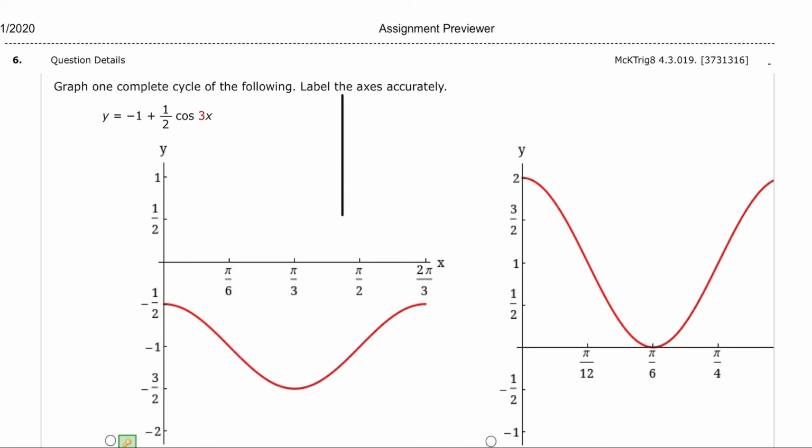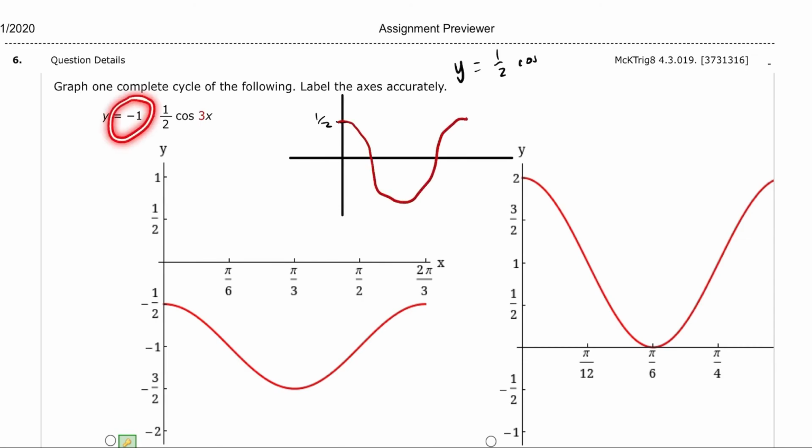Normally your cosine graph, y equals 1/2 cosine, would start at a half and go, but because this is shifting down 1 unit, now you're going to be at negative a half. And so your graph is going to look something like this.